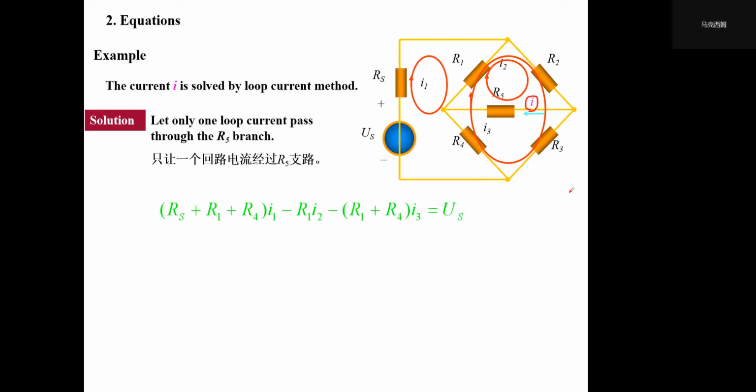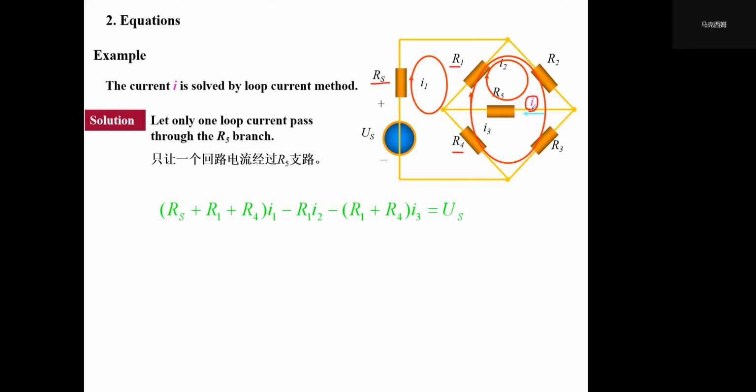Still, similar to the mesh current method, we can list the equations from the KVL equations. For the first loop, RS, R1, R4 are the self-resistance, circling in the same direction.